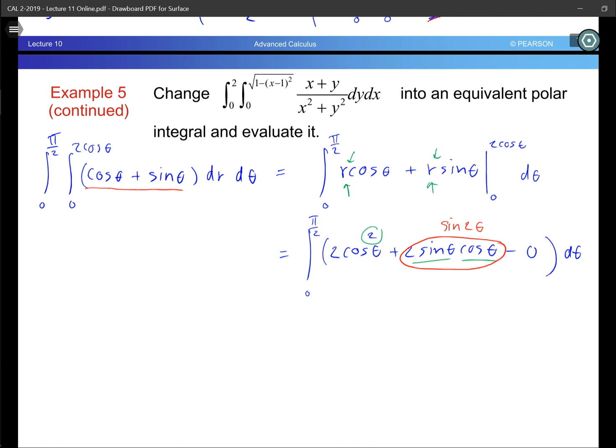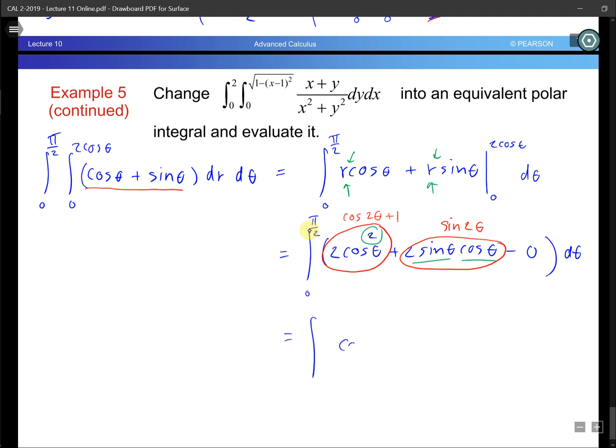Looking at this, 2 cosine theta squared, oh no, this is equal to cosine of 2 theta plus 1. Okay, so let's continue from that. Cosine 2 theta plus sine 2 theta plus 1. We are supposed to integrate this with respect to theta from 0 to pi over 2.